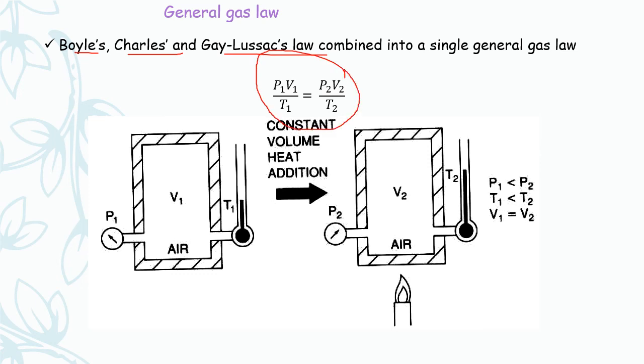If pressure is kept constant, it will work as Charles law. If temperature is kept constant, it will work as Boyle's law. If volume is kept constant, it will work as Gay-Lussac's law. So this is about perfect gas laws.